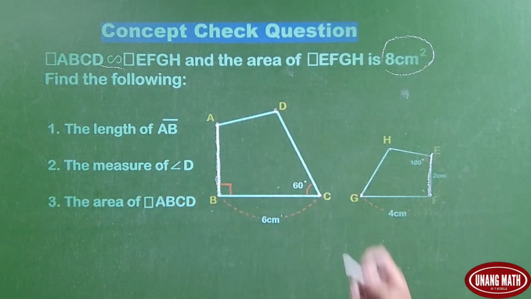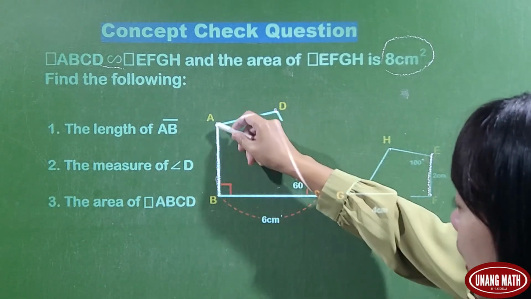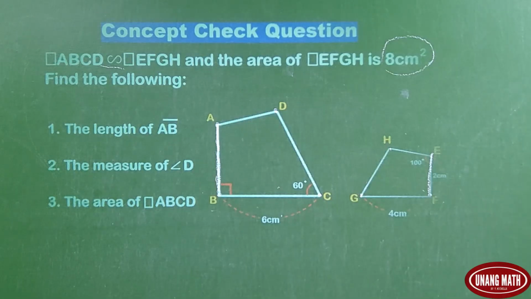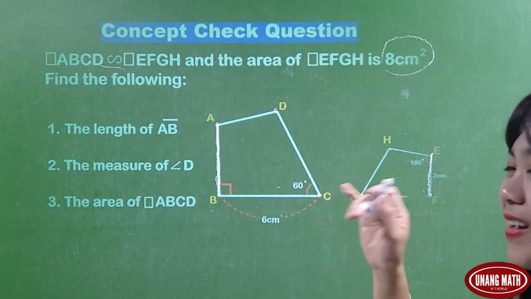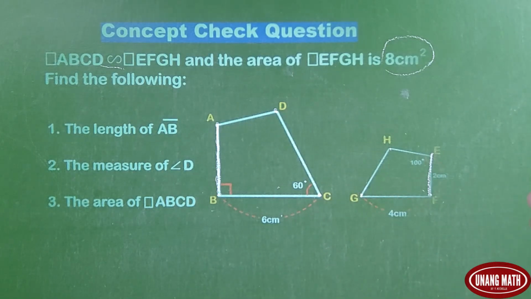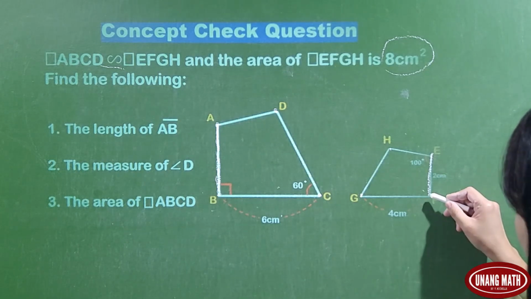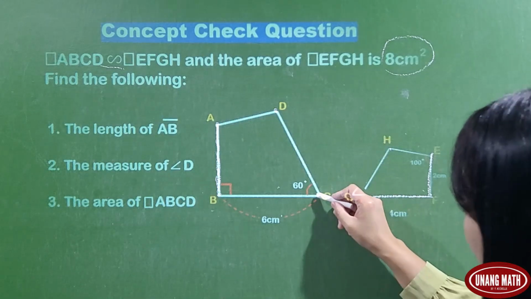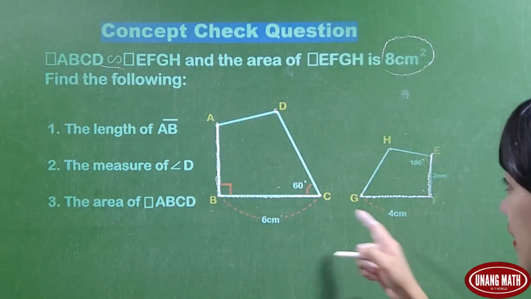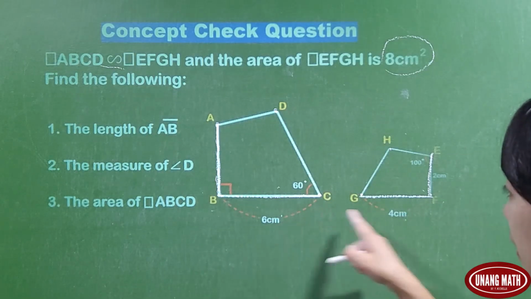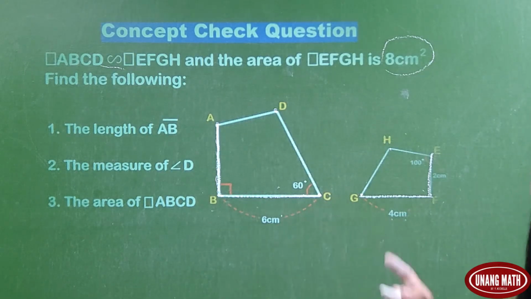In order to find the length of side AB, we are going to first find the ratio of similarity. To find it, we are going to use the length of side FG and the corresponding side CB, since all the lengths are given.